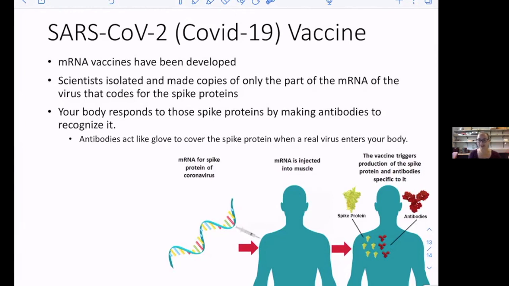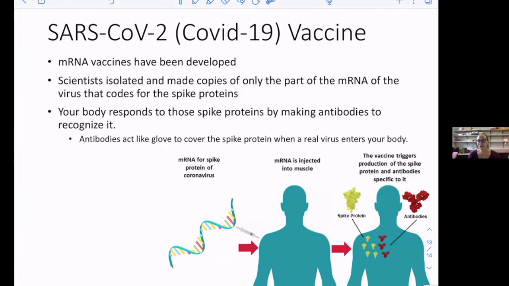So your body has to just kind of deal with it. So pretty much the idea of the COVID vaccine is that we're giving your body the tools to recognize the spike proteins and not allow them to infect any host cells.